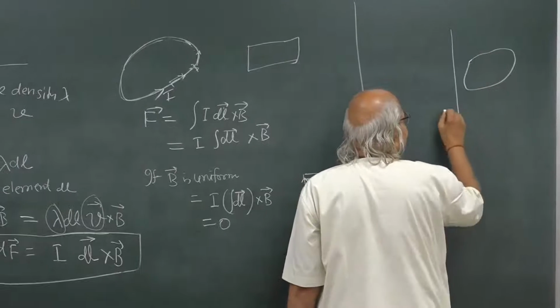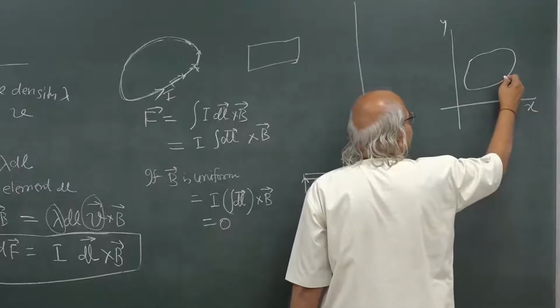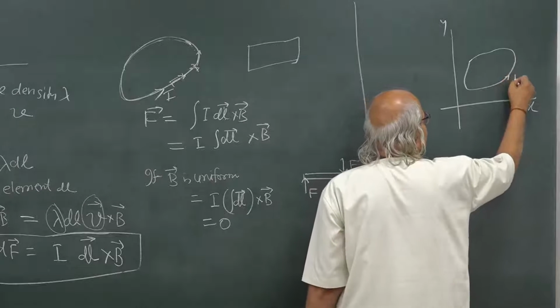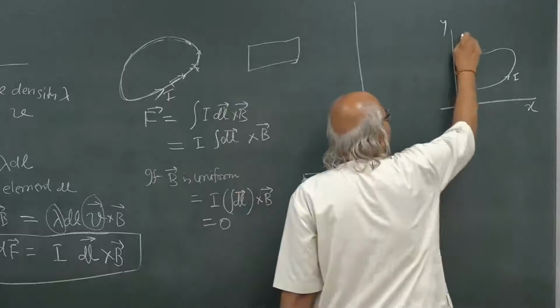So let us say that it is in xy plane and it can have any shape, and then it contains some current, and then there is a magnetic field, general magnetic field.